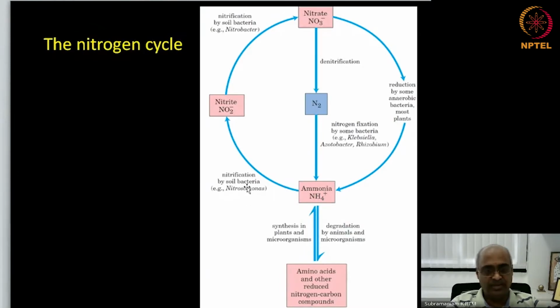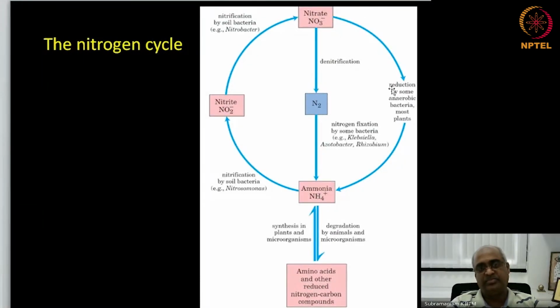These nitrifying bacteria convert the ammonia into nitrite first and then to nitrate. This nitrate is what is abundant in the soil, which the plants can use.